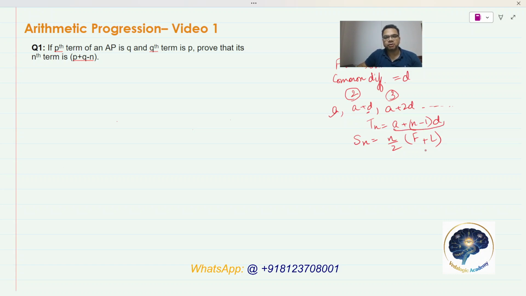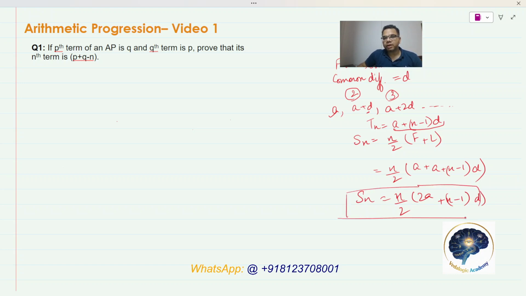So n by 2 into (A plus A plus (n minus 1) into D), or I can write it as n by 2 into (2A plus (n minus 1) into D). So this is the sum of n terms. This Tn and Sn are important things which you have to remember for the AP.